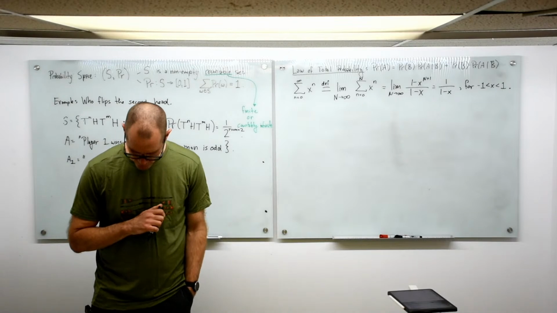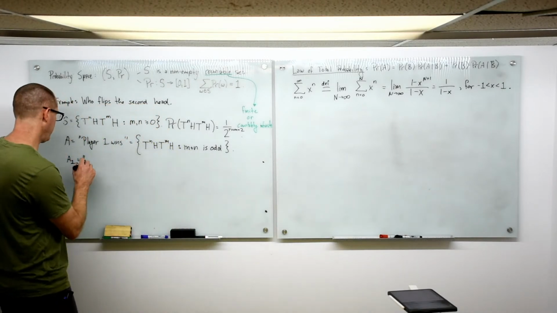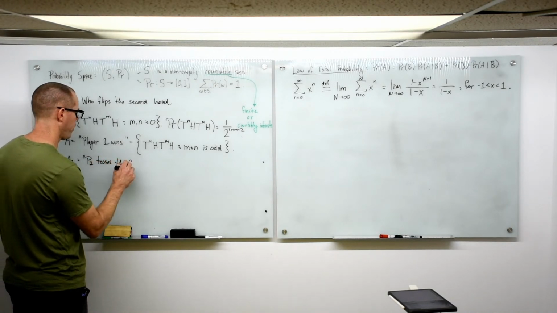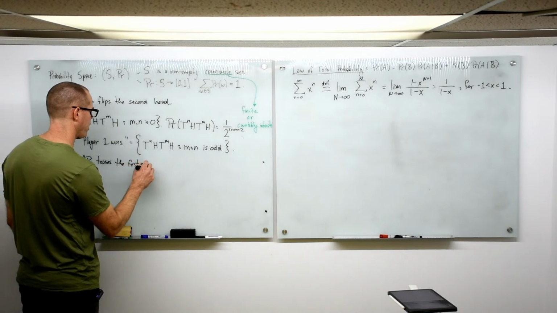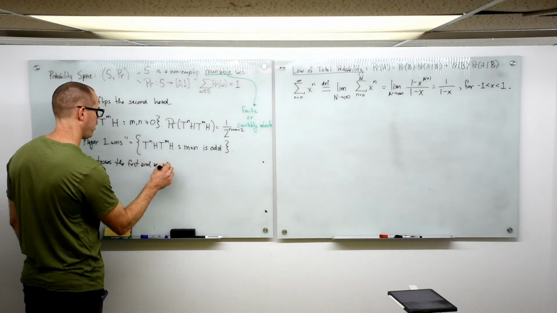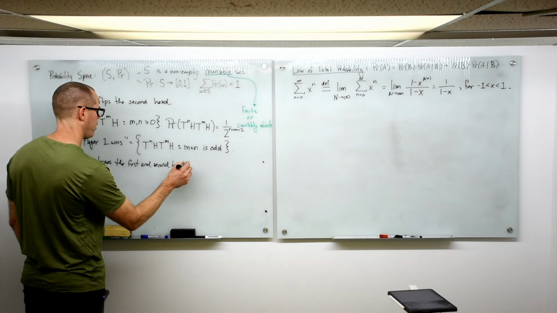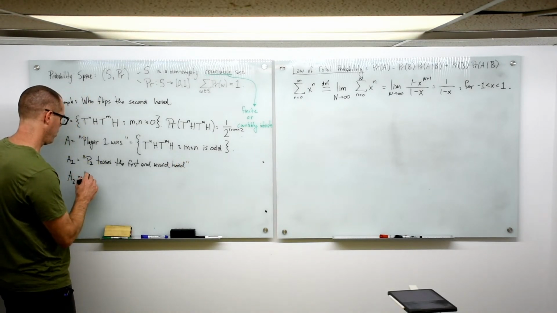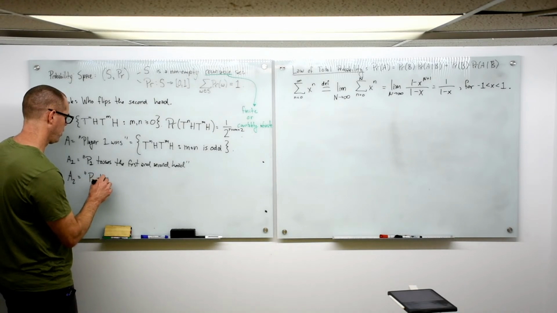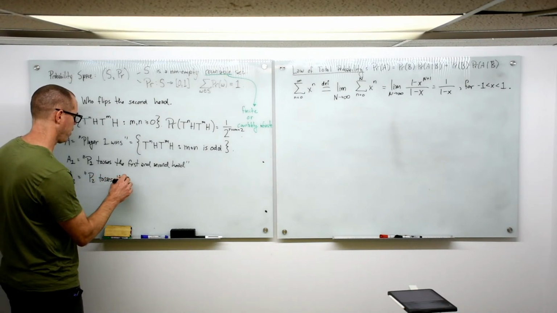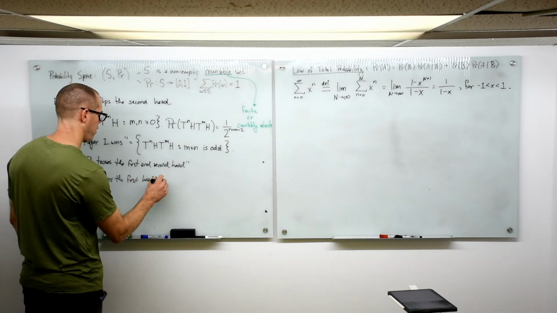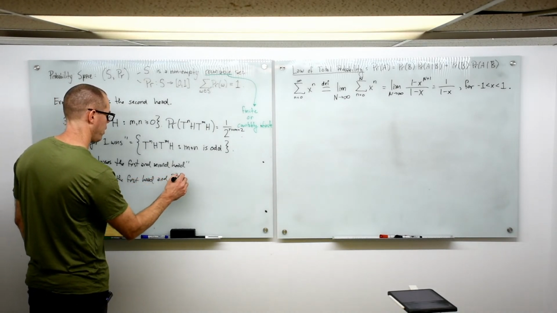A1 you can think of as P1, player 1 tosses the first and second head, and the other possibility is that P2 tosses the first head and P1 tosses the second.